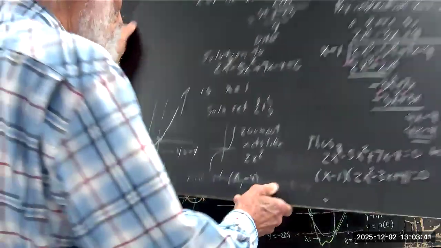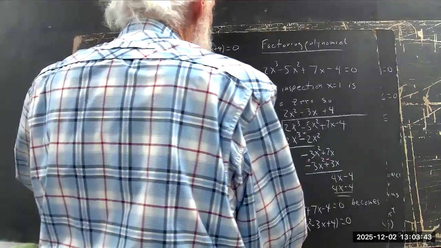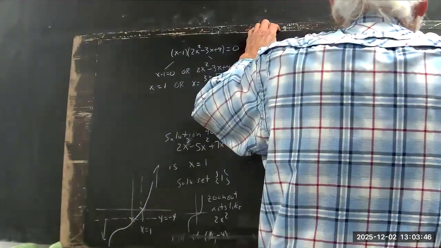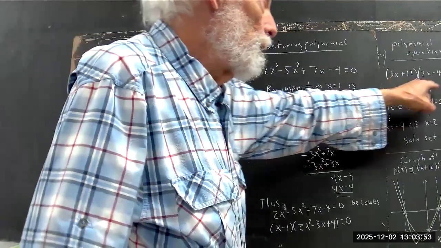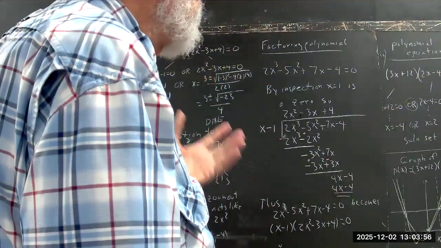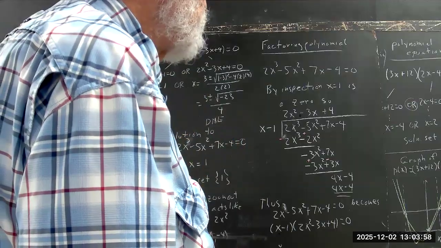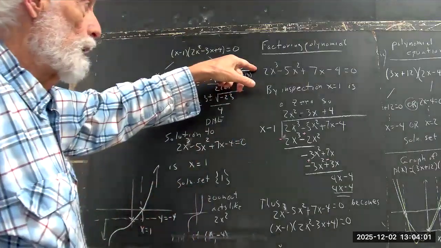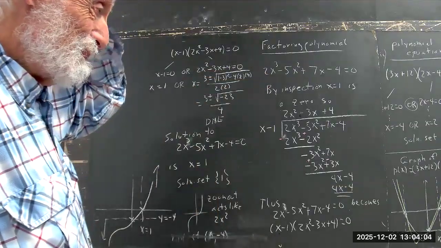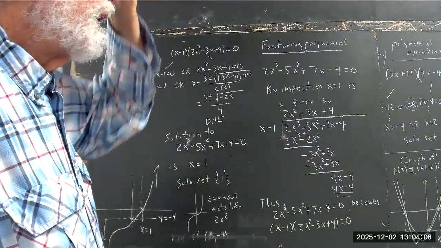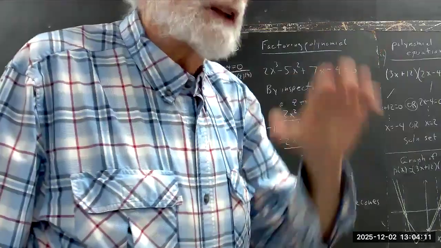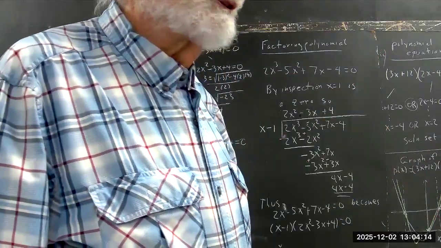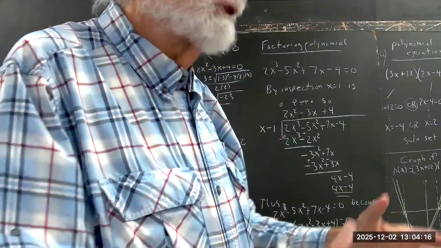What you do if the polynomial is already factored, it's pretty straightforward to construct its graph if you understand the rules and if you practiced it.